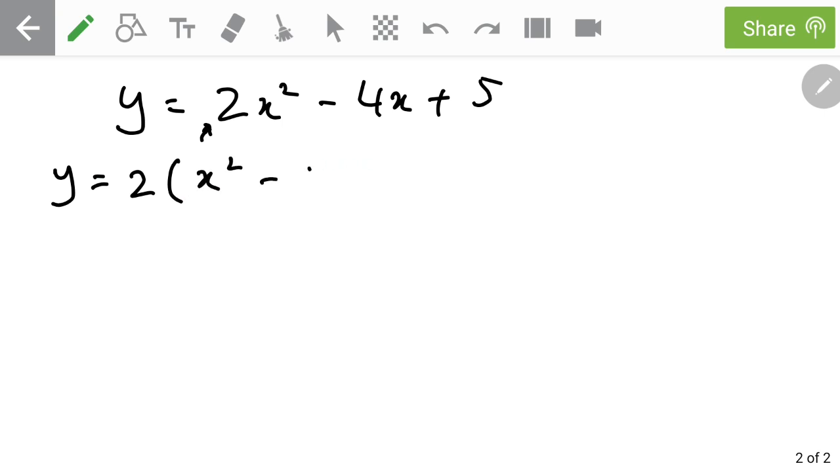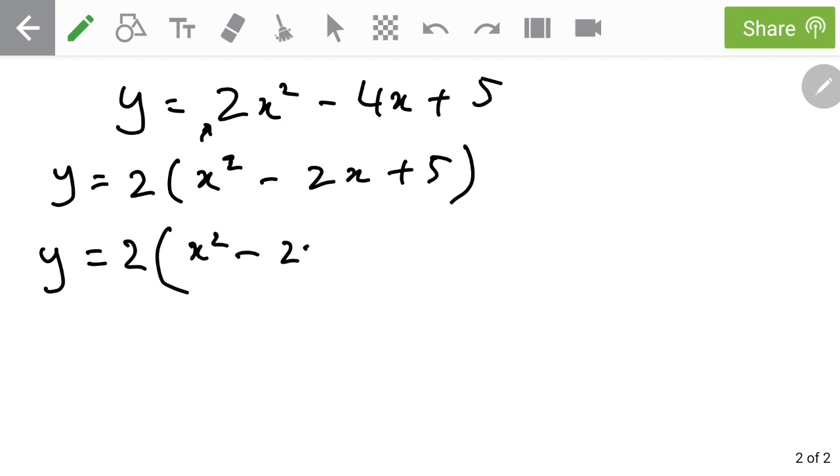This is the only way to do it. The most common problem is people divide it by 2. That is just not right, except in certain circumstances. And then inside this bracket, only then can you do the completing the square.